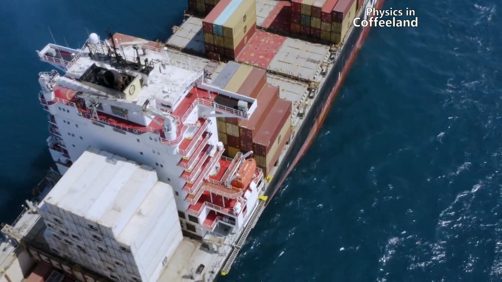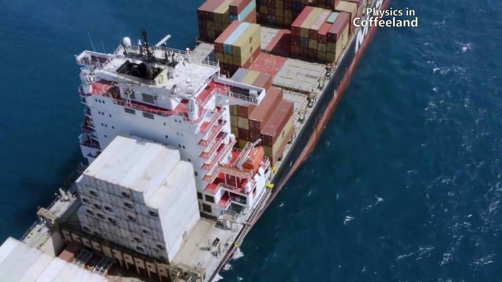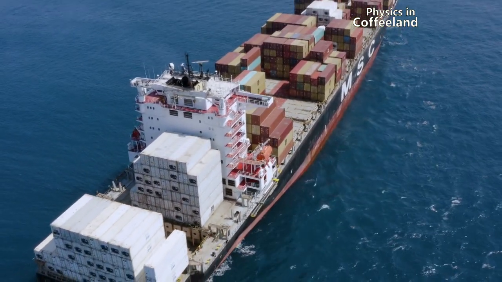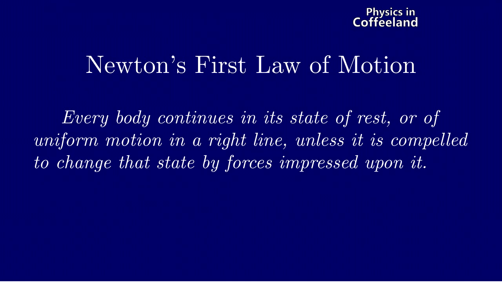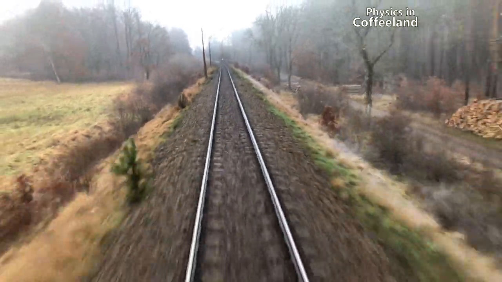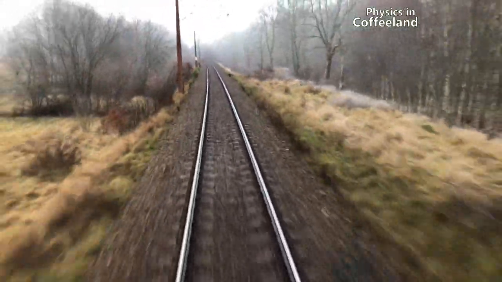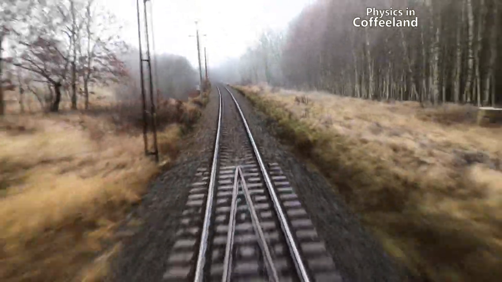It seems to us that motion needs a sustaining force to continue. The first law says, no. Every body continues in its state of rest, or of uniform motion in a right line, unless it is compelled to change that state by forces impressed upon it. A force is not needed to maintain the motion of an object already moving at a certain velocity.